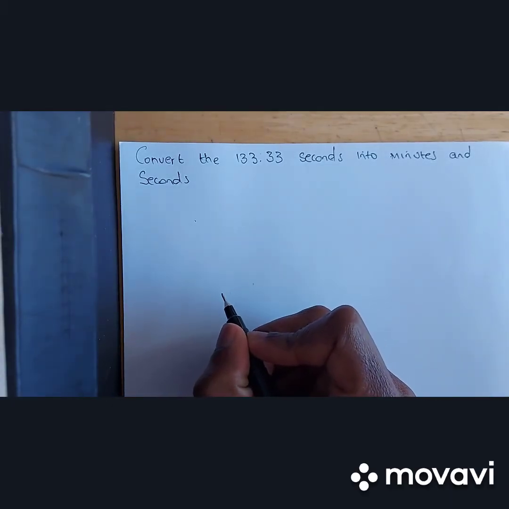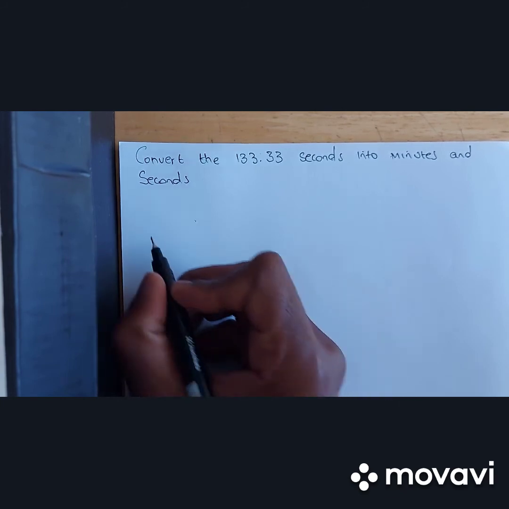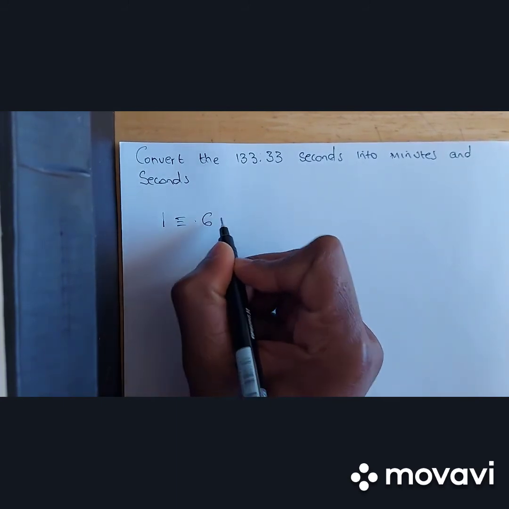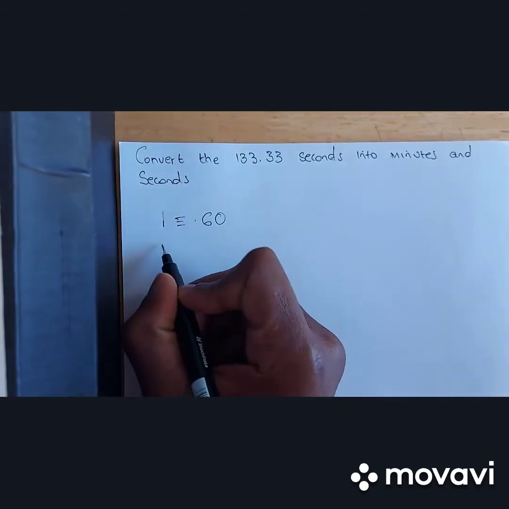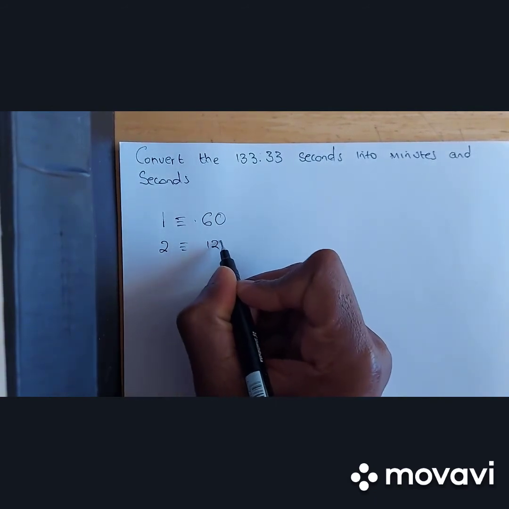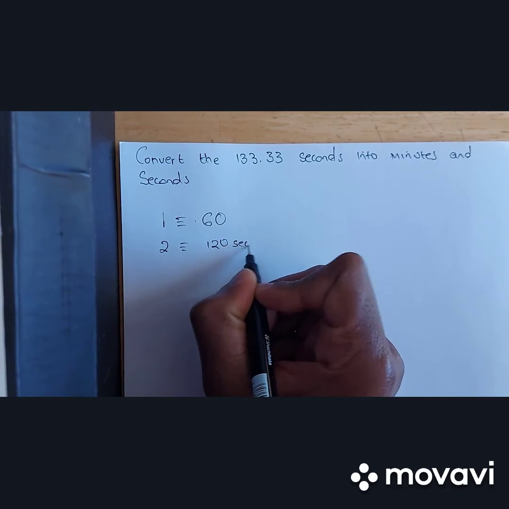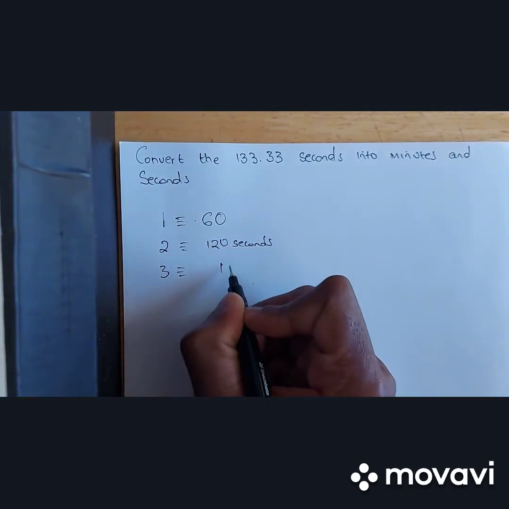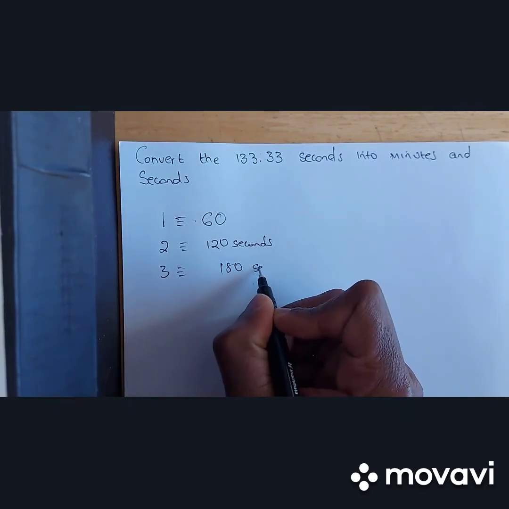We need to convert the 133.33 seconds into minutes and seconds. We know that 1 minute is equivalent to 60 seconds. 2 minutes is equivalent to 120 seconds. 3 minutes is equivalent to 180 seconds.